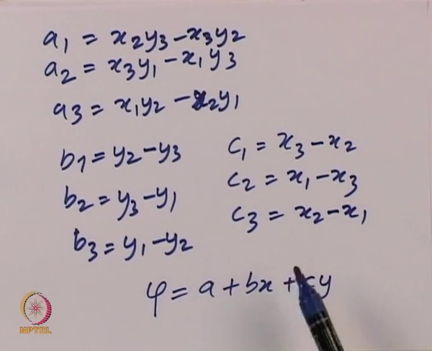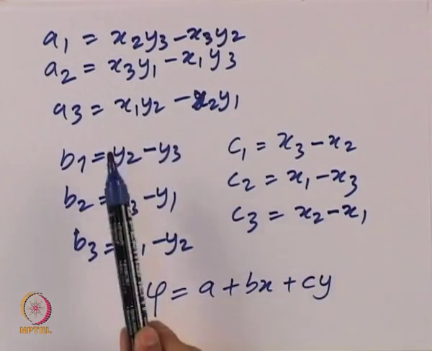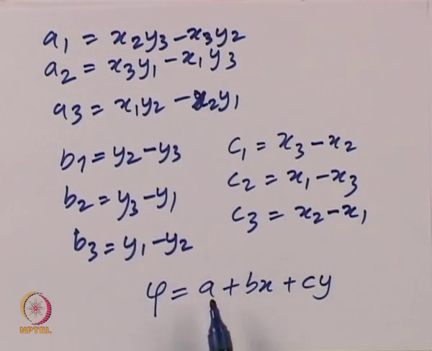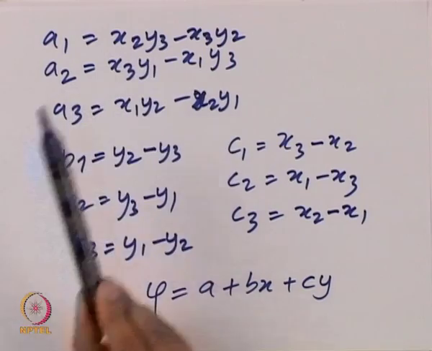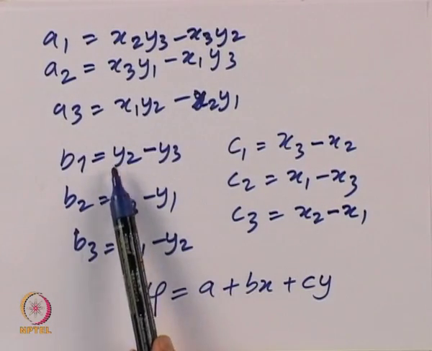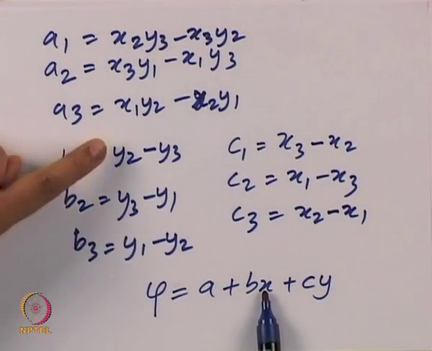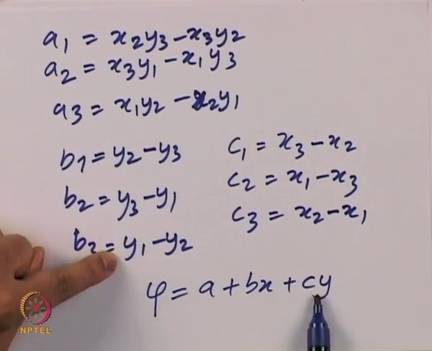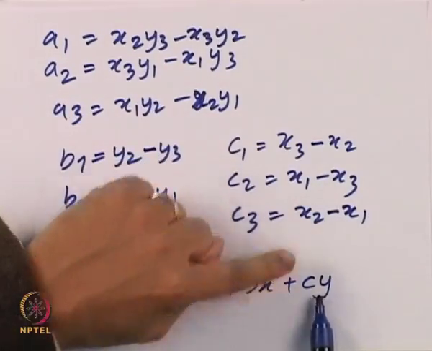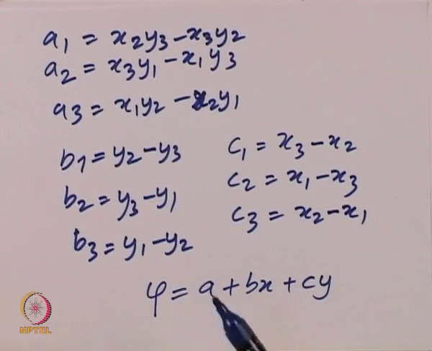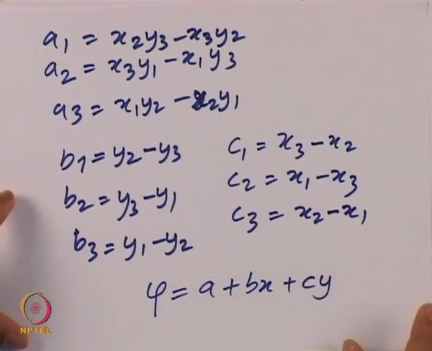So each of the terms will have a dimension that is a multiplication of x and y. So a is a multiplication of x and y, b is a multiplication of x and y's, and c is a multiplication of x and y's. So that way you can be sure that this is correct.